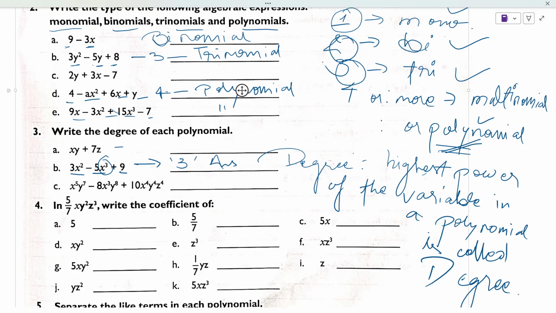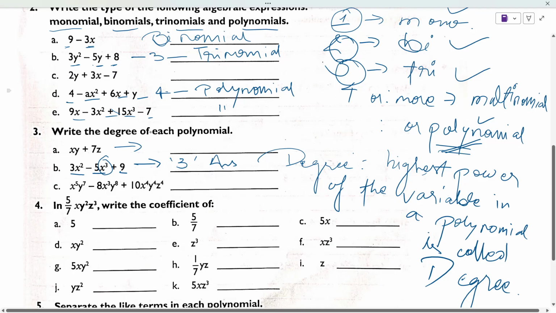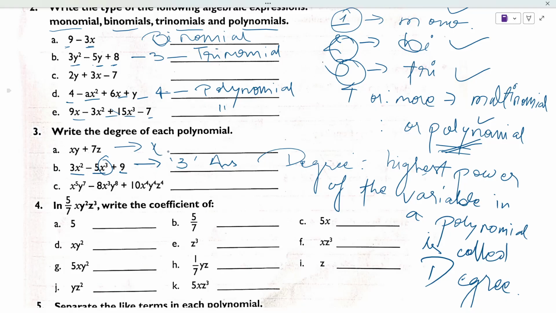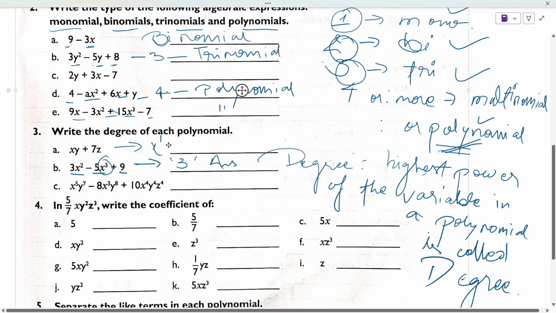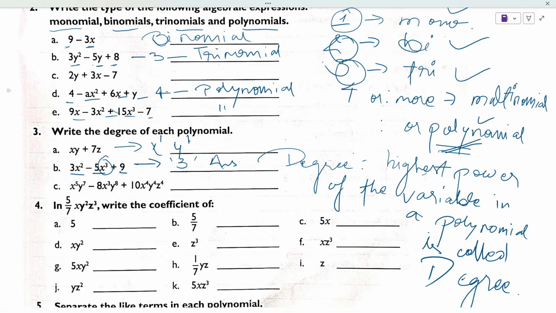But when we come to the first part, where it is xy plus 7z, there is a twist, and we need to be attentive to it. Here x, y, two variables are there. So the concept says that you check the power of all the variables in a single term. x has power 1, and y has power 1 as well.